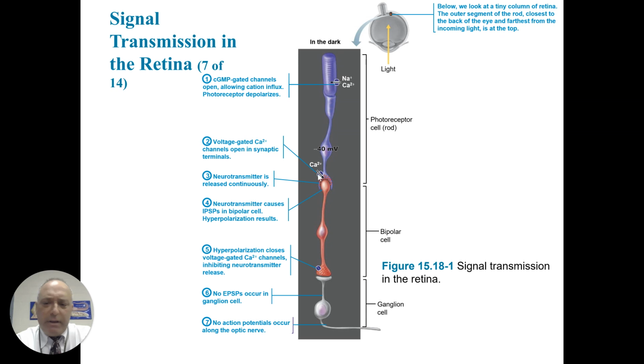This then leads to inhibitory postsynaptic potentials in the bipolar cell, and hyperpolarization results in this bipolar cell. So you've got activation of the photoreceptor, the rod, that then sends an inhibitory neurotransmitter to the bipolar cell. It hyperpolarizes the bipolar cell, leading to decreased excitatory postsynaptic potentials in the ganglion cell. And so this leads to no action potentials along the optic nerve.